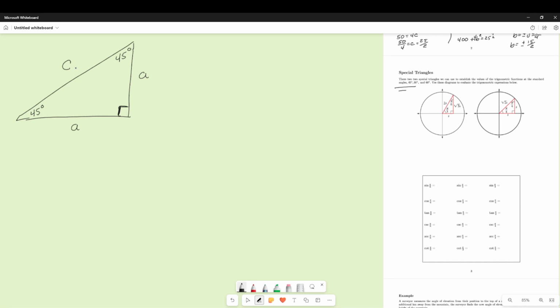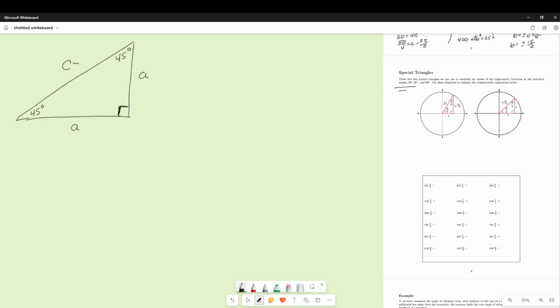And when we talk about the trig functions, again, the trig functions are only about ratios, so we don't need to know how long these are. All we need to know is how long they are in ratio to each other. So it can be handy to just choose a side length.